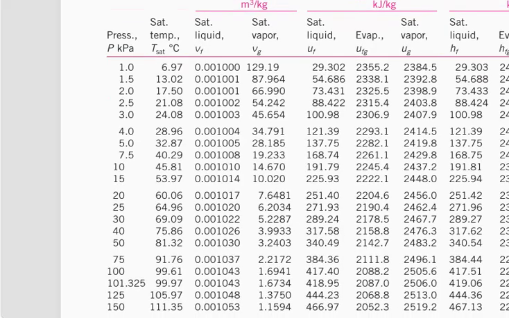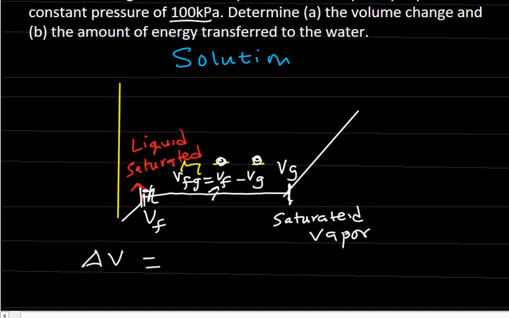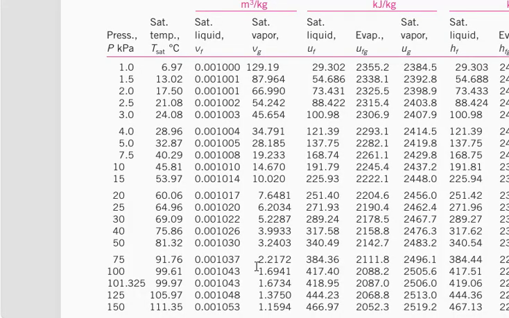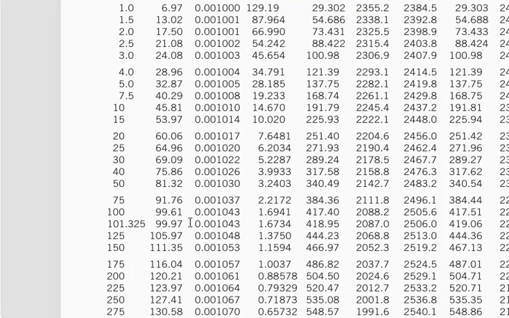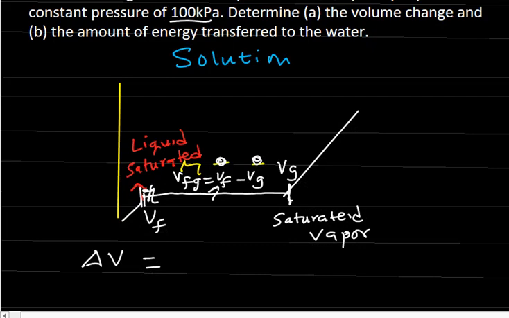So the pressure we are looking at is 100 kilopascal. So here we go, 100 kilopascal. This is the temperature, but I'm going straight to the volume of the saturated liquid and the volume of the saturated vapor. Their difference is equal to the change in volume. Don't forget that we have to multiply by the mass.